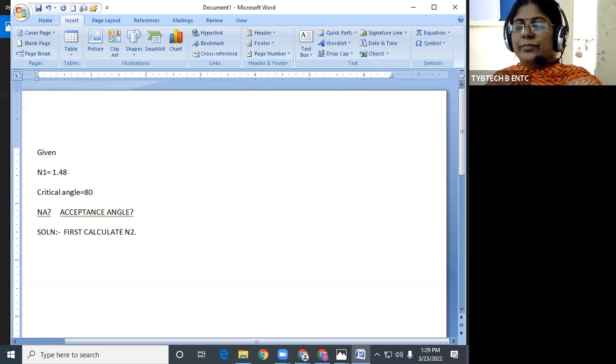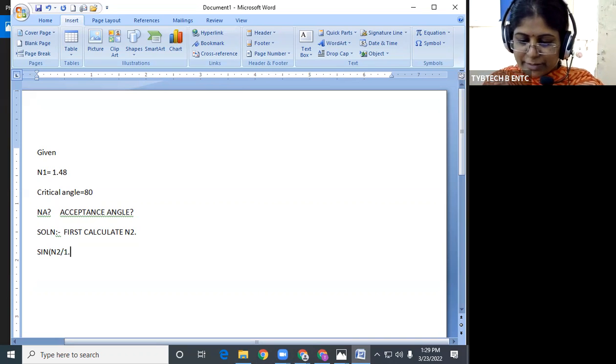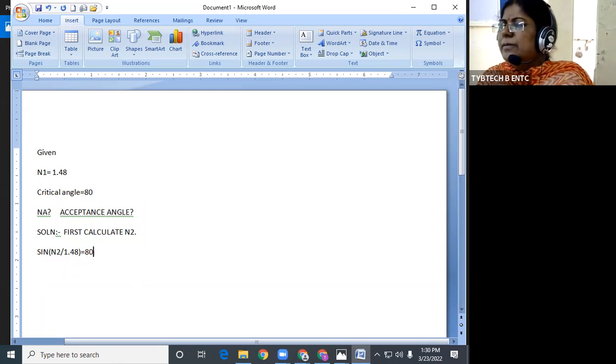Then after the calculation of N2 value, or first tell me what is that N2 value. How you will calculate? Sine of in bracket N2 divided by N1 is equal to how much? 80. So from that you calculate N2 value and tell me what is that. It is very simple. Sine phi C is equal to N2 by N1. मग आधी साइन phi C काढायचा.